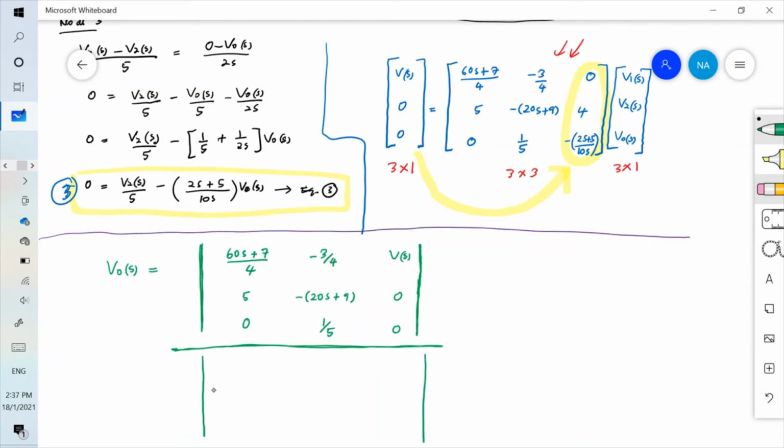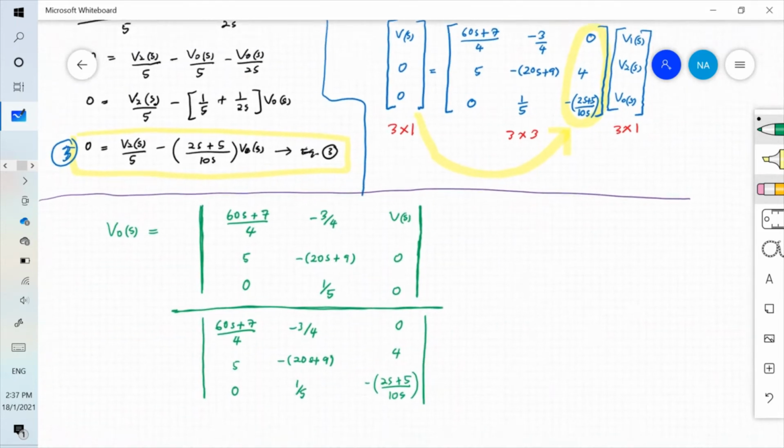So write down your original matrix. Okay, so this is Cramer's rule to find V0s.